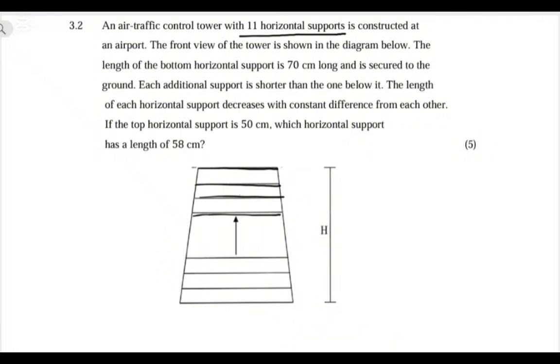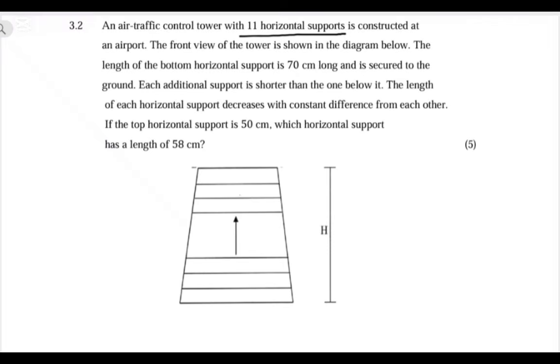So I don't know how they call this in English, but just know that these things are constructed, what can I call this, man? I don't know, in Tsonga or in English. Hopefully you understand. The horizontal supports are the method that they have used to construct that kind of airport control tower.